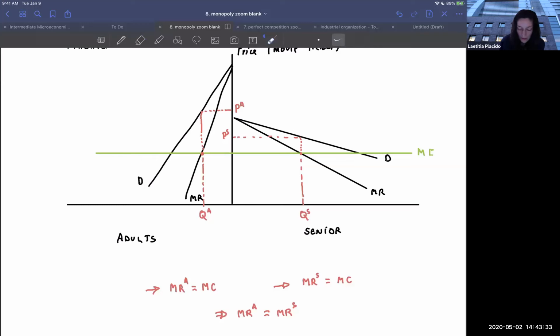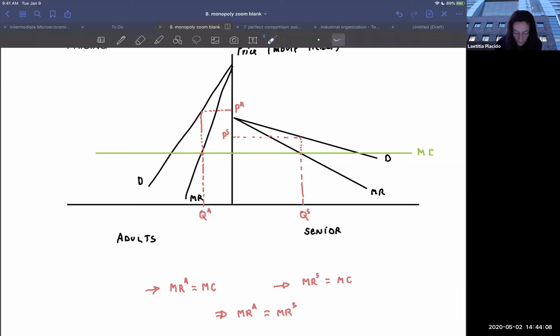This was reflected by a demand curve which is relatively flat. As a consequence, the monopolist is going to sell movie tickets to seniors at a lower price compared to adults. On the opposite, the demand from adults is relatively steep, so relatively inelastic to change in price. Because of that, the monopolist uses market power and charges a price way above the marginal cost.